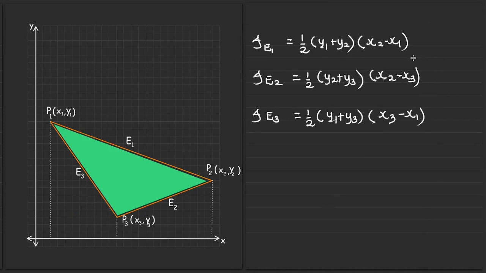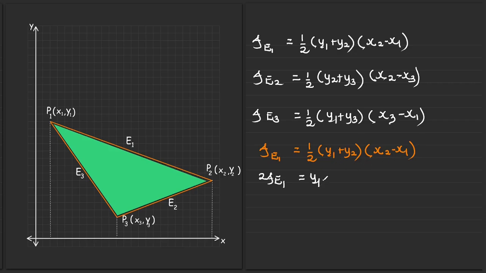Okay, so starting with the very first one, here's our first equation. So I'm coming to simplify it. Now we can move this 2 from here and bring it to the left hand side as a coefficient, that is trying to remove the fraction. So that we have 2 times the area of E1 is equal to, so we now expand. Y1 multiplies everything we have in the bracket, then Y2 will also take its turn.